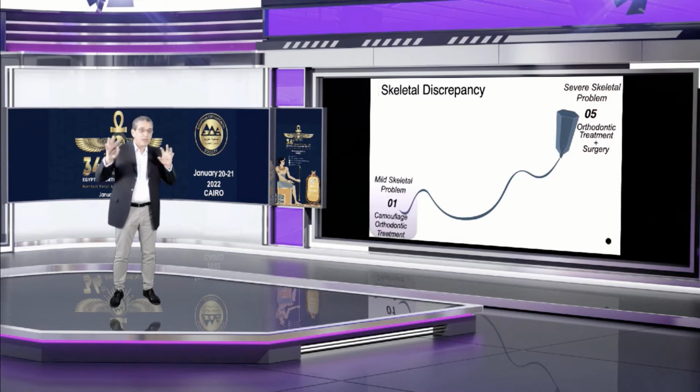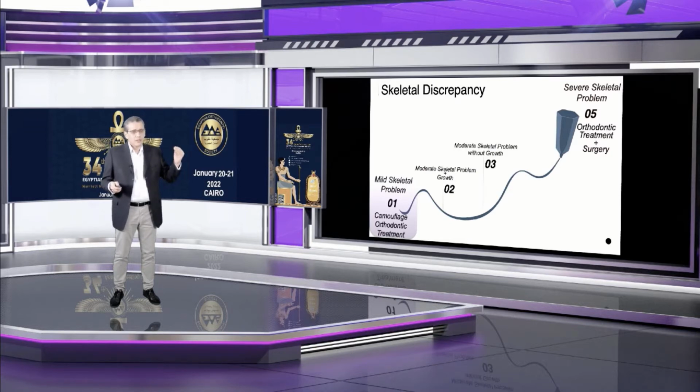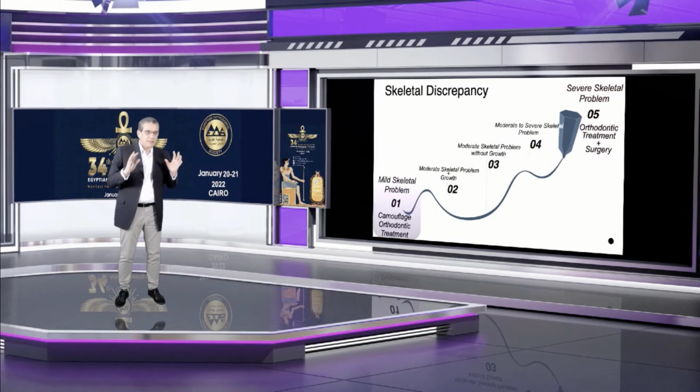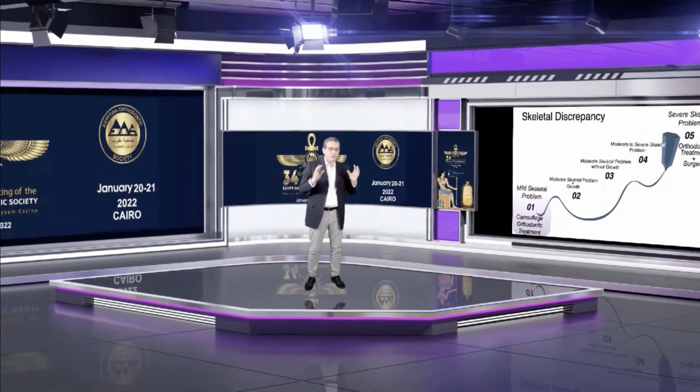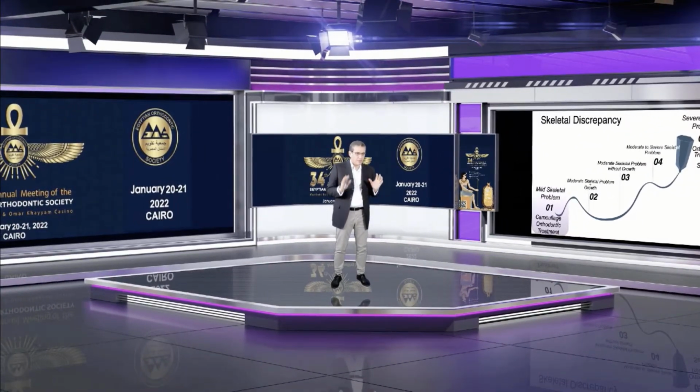And between these two limit situations, we can have moderate to severe skeletal discrepancy with or without growth. And this is the majority of patients. These three situations are the majority of skeletal situations we can receive in our daily practice.